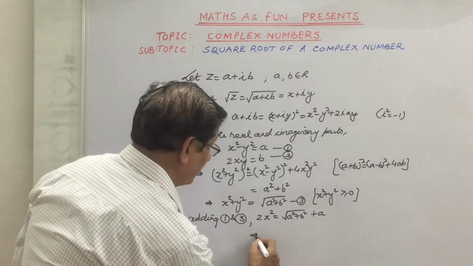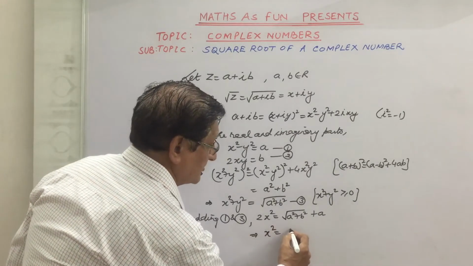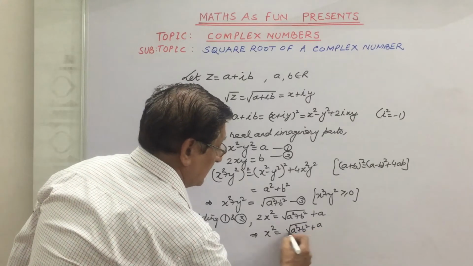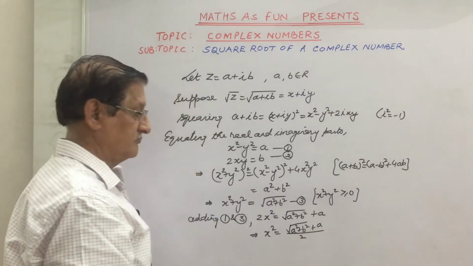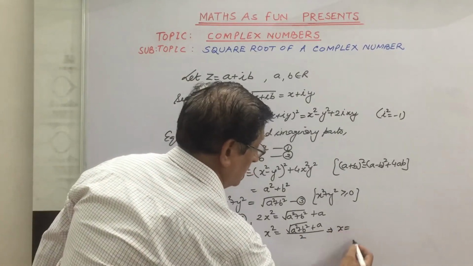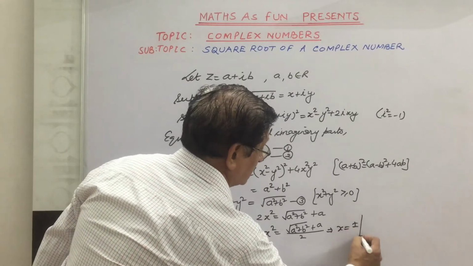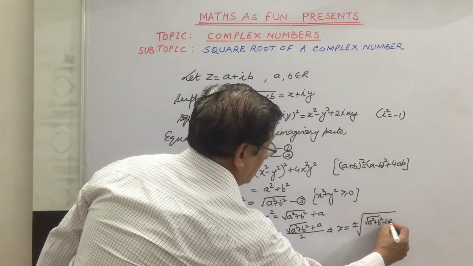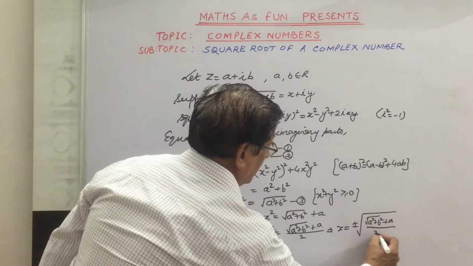It means we will have the value of x square as root of a square plus b square plus a upon 2. And hence the value of x will be equal to plus minus root of root of a square plus b square plus a upon 2.